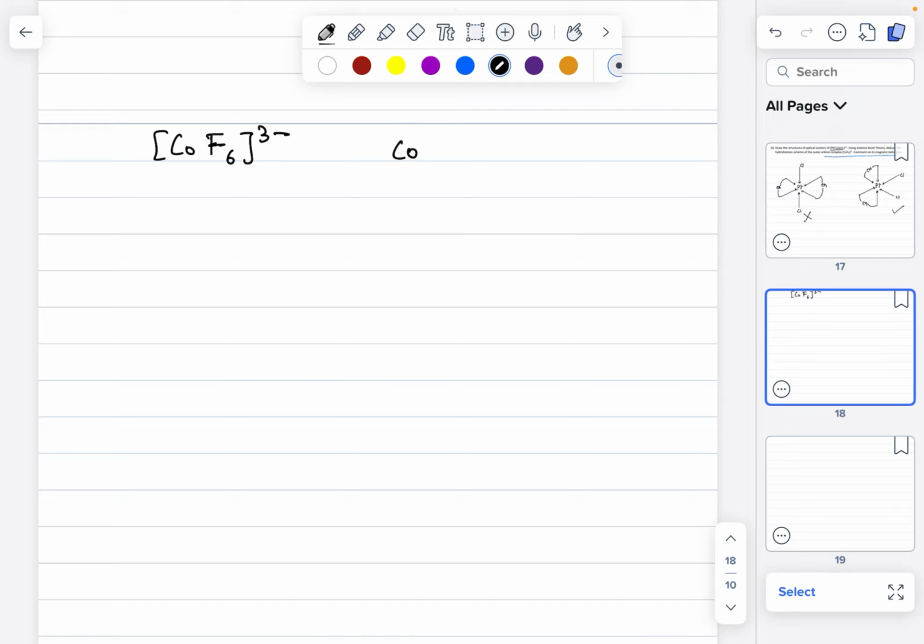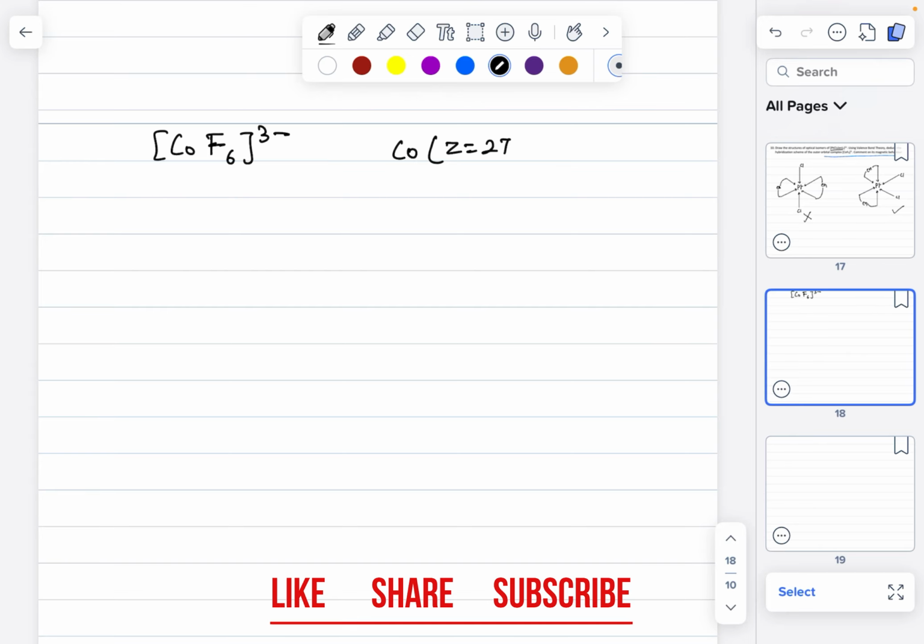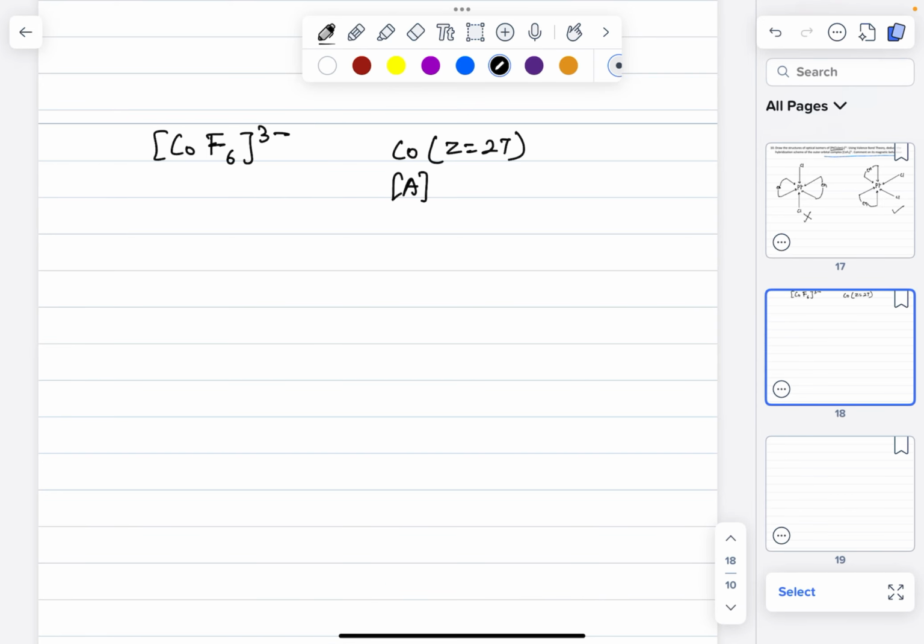Cobalt's configuration, Z is equal to 27. Configuration is argon 4s2 3d7. So I'll write the cobalt configuration over here.